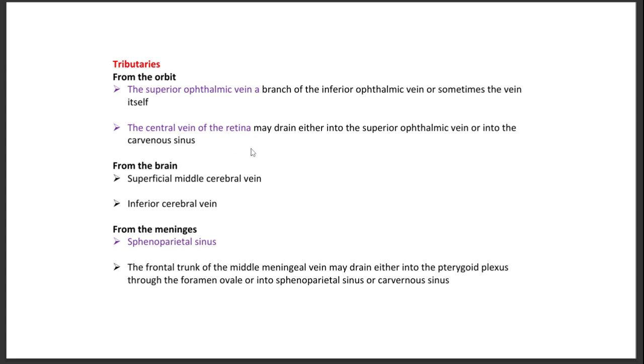The central vein of the retina may also drain into the superior ophthalmic sometimes before going to the cavernous sinus, or the central vein of the retina can directly drain into the cavernous sinus. From the brain, you have got the middle cerebral vein, the inferior cerebral vein, actually superficial middle cerebral vein, inferior cerebral vein. So these guys also drain into the cavernous sinus.